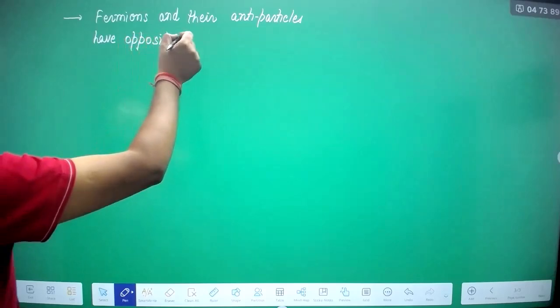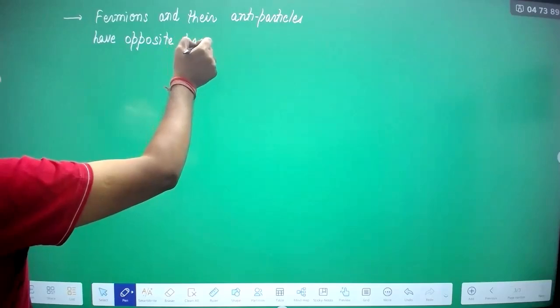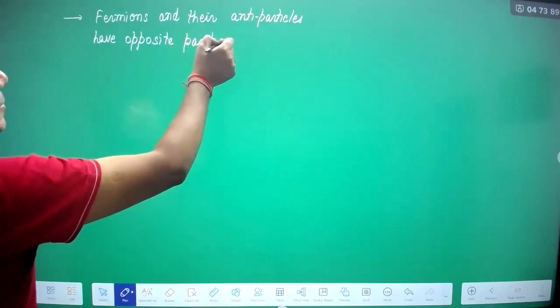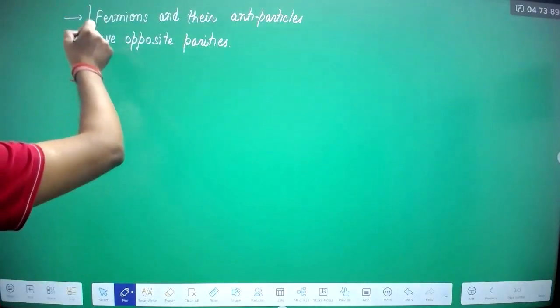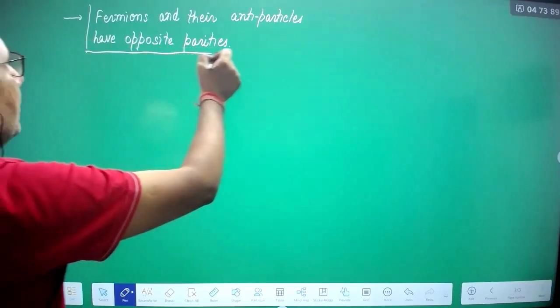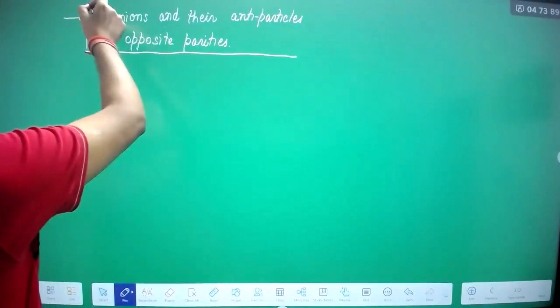Remember this always, opposite parity. So fermions and their antiparticles always have opposite parities. Remember this aspect.